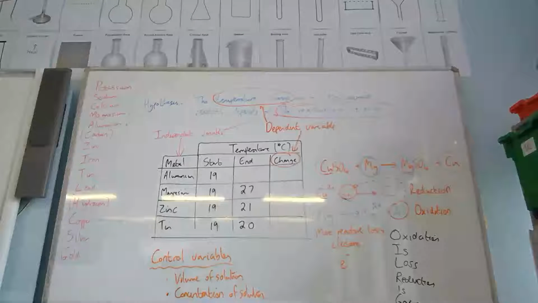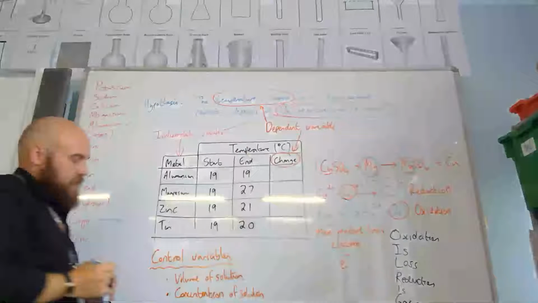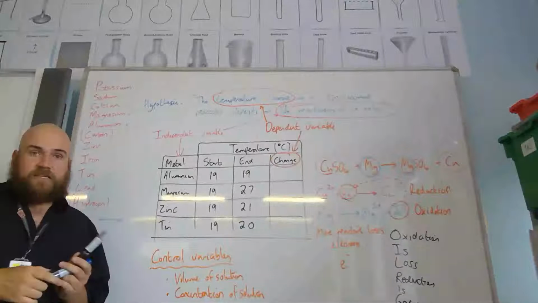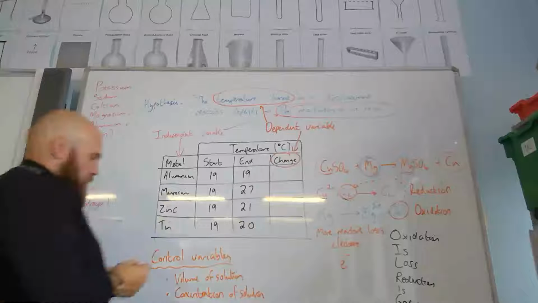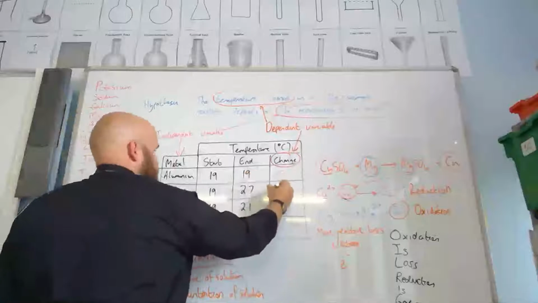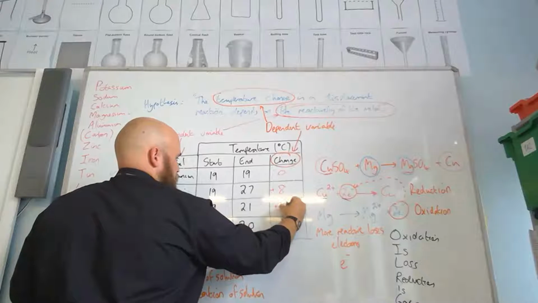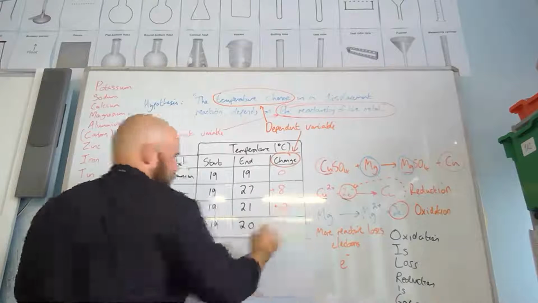And the aluminium has actually stayed at 19. Fascinating. So I can use these results to now work out a temperature change. Obviously, it's final takeaway start. So that's gone up by 0. That's gone up by 8. That's gone up by 2. And that's gone up by 1.